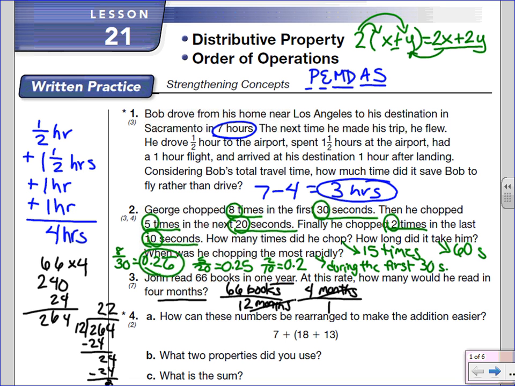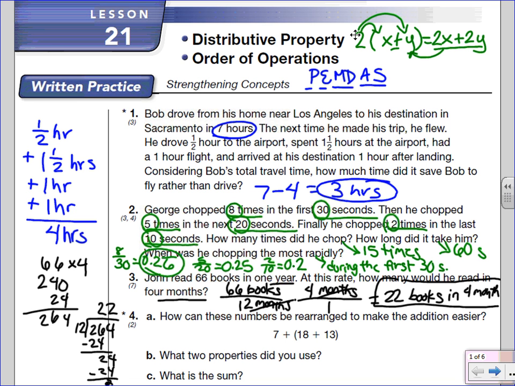So that equals 22 books in 4 months. Another way that we could have done that is recognize that 4 months is 1/3 of a year. 4 divided by 12 is 1/3. And then 66 divided by 3 is 22.